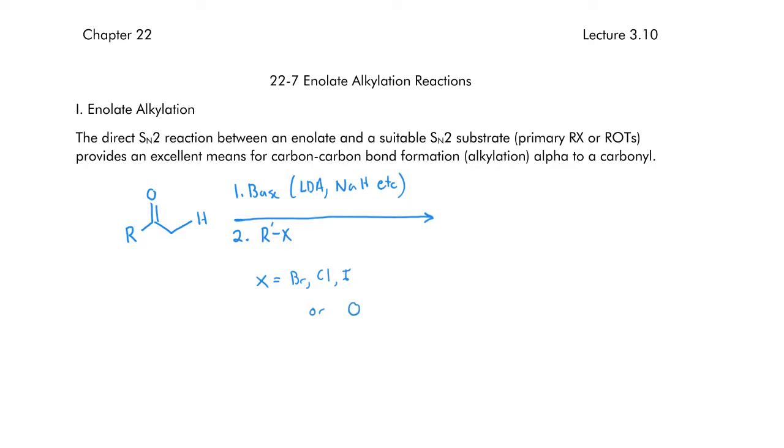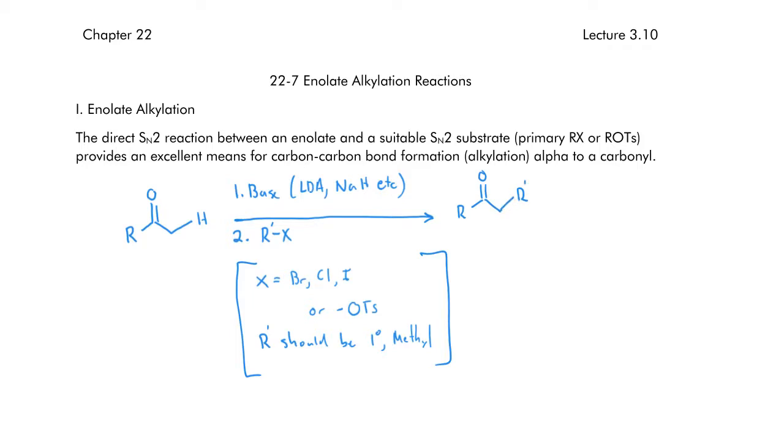And then in the second step, we use a primary alkyl halide or alkyl tosylate, something with some alkyl group that's primary that has a good leaving group on it. And what happens is an SN2 reaction between that alpha carbon and that R prime X. And that produces the carbon-carbon bond.